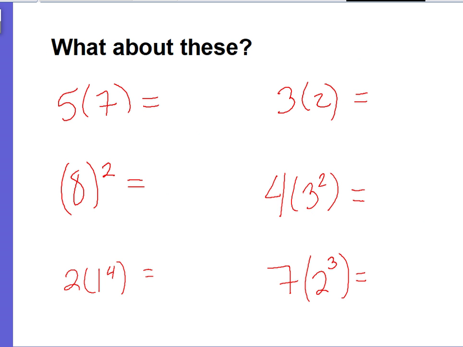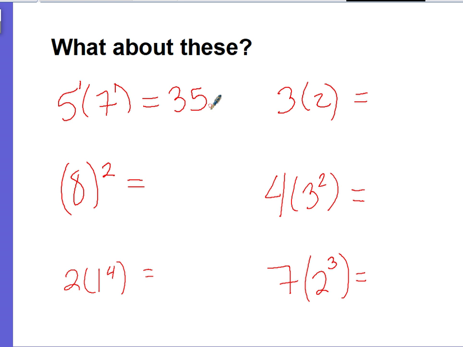So what about these? Because these are somewhat special situations in some cases. So I have 5 times 7. You don't see any exponents, so that's just 5 times 7, and we know that answer is 35. I wanted to confirm for you that when you have two bases, and again, this is a 1 and that's a 1, I can just multiply 5 times 7.